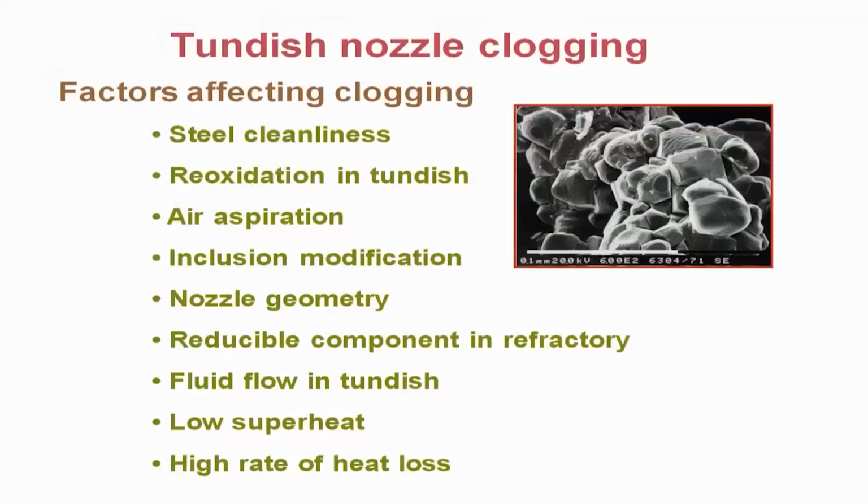And then again the clogging product, I have told what are the possible factors. Air aspiration is the main issue, steel cleanliness is the problem. That means if a large amount of sulfur or oxygen is present in steel, they might create clogging. So, nozzle geometry is important here, fluid flow in the tundish is important here, you have to allow more residence time in fluid. So, these are the issues.